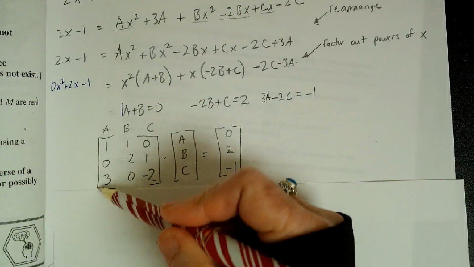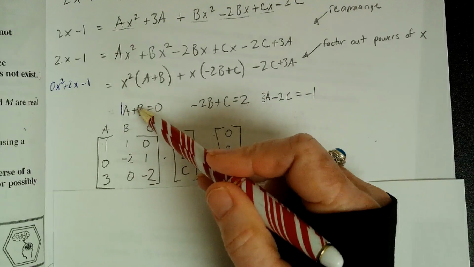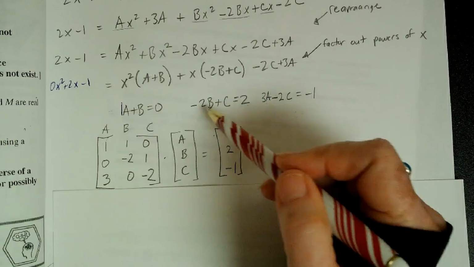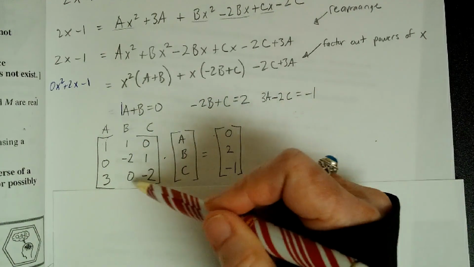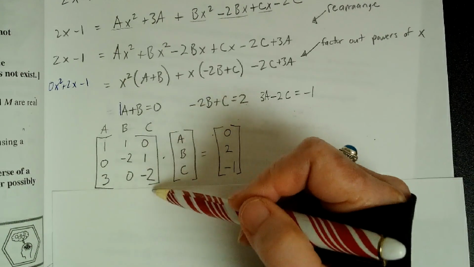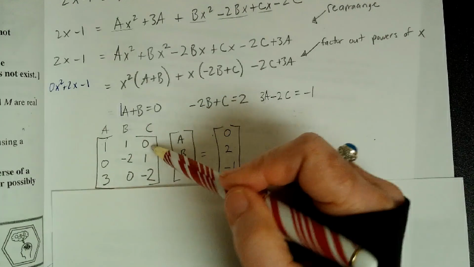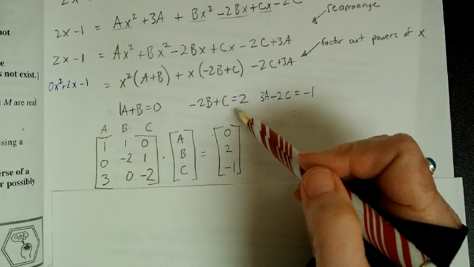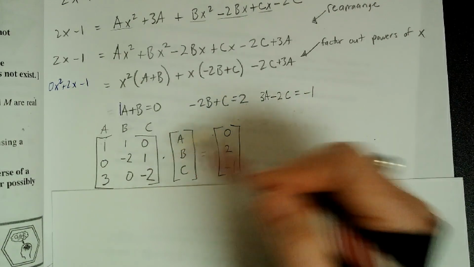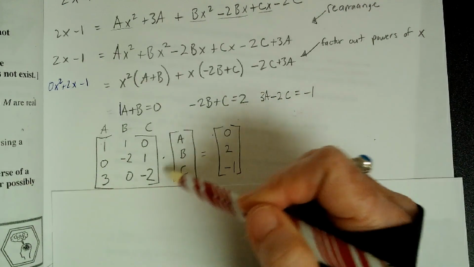And then my coefficients of B, this one's the 1. There's the negative 2. And then this one doesn't have a B, so I had to stick in a 0. So I'm going downwise. And then C, this one doesn't have a C, so I put 0. This one has a 1. And this one over here has a negative 2.